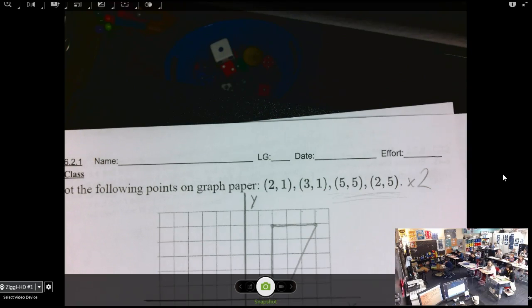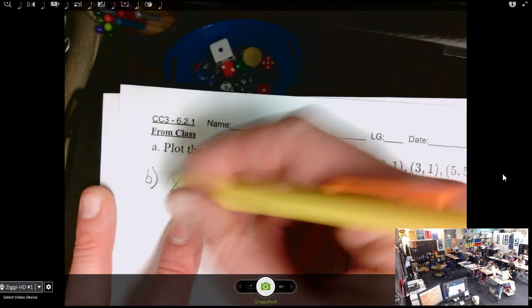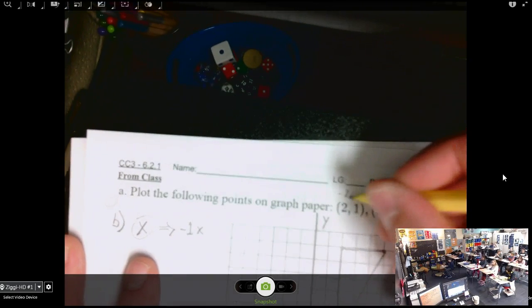you can erase if you're mad at me and you only fit 2 points and now you're upset about it. Instead, what I want you to do for B is multiply the x points by -1. So I want you to take what you had as the x and turn it into the opposite of the x. So this point will become -2, 1.